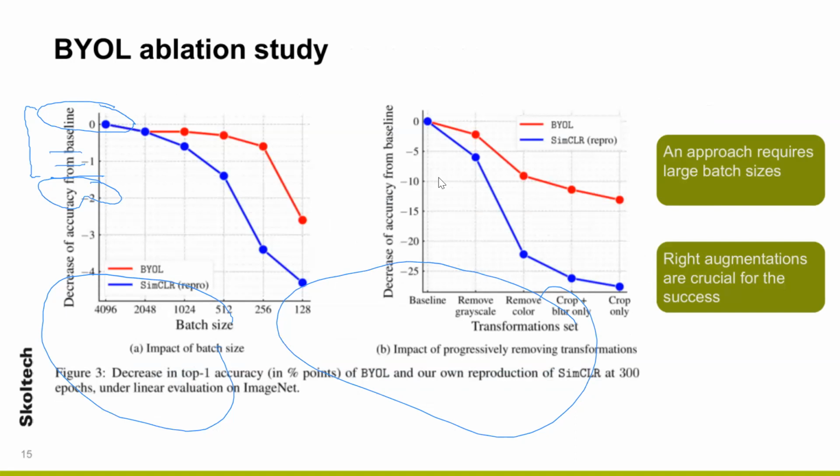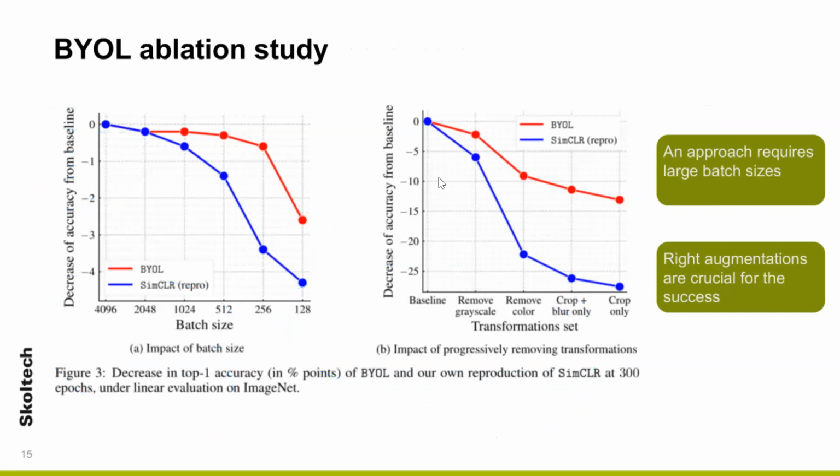What's bad about this approach? Why is it not universally acknowledged and used in many cases? The problem is that we still need large batch sizes. So the default way to train the model is to use a batch size of 4096. It's quite a lot.